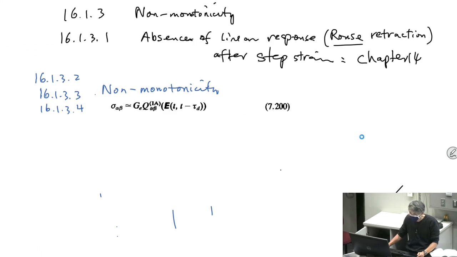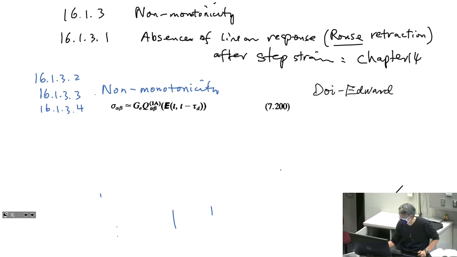So it turns out much of the original Doi-Edwards theory, of course, is all summarized in this book. Doi-Edwards has a book called The Theory of Polymer Dynamics, published around this time.